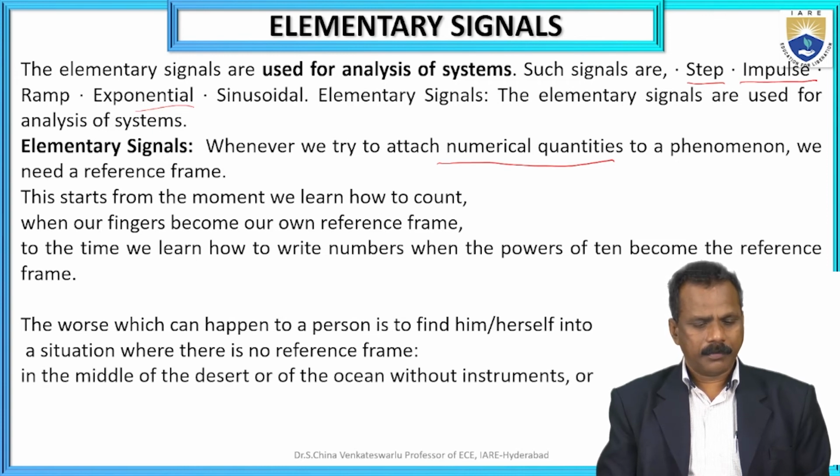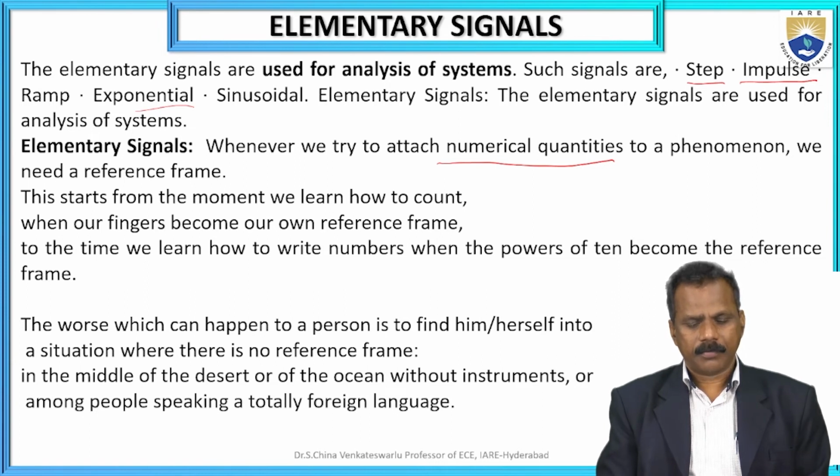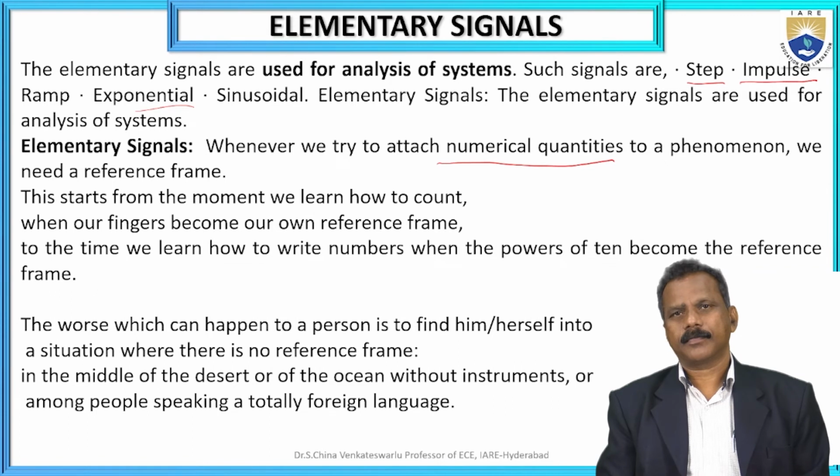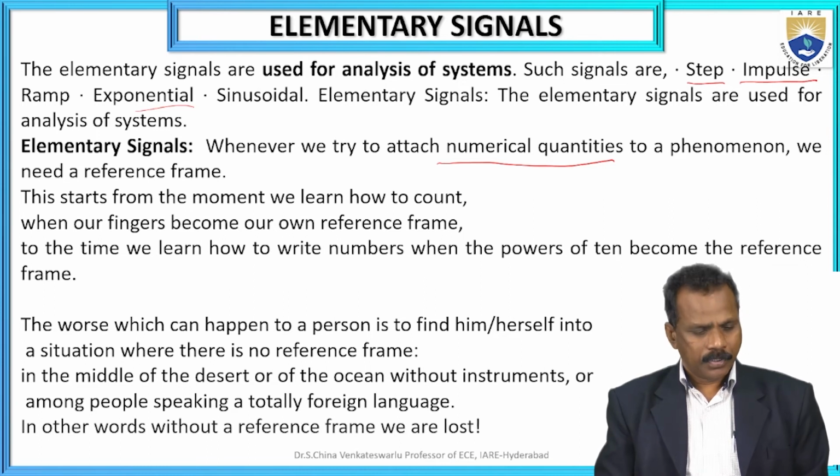For example, in the middle of a desert or a vision without any instrument, or among people speaking totally foreign languages, is the worst which can happen to a person.